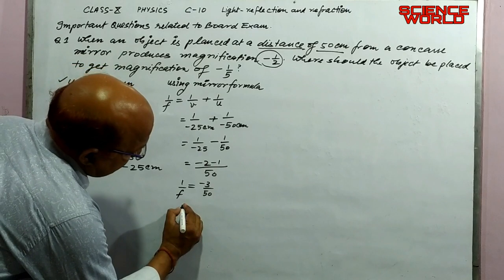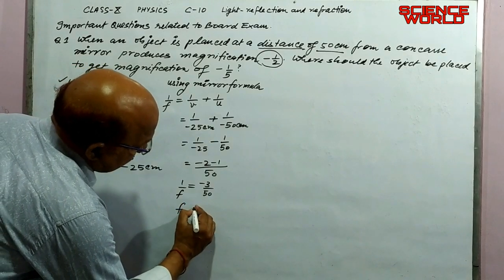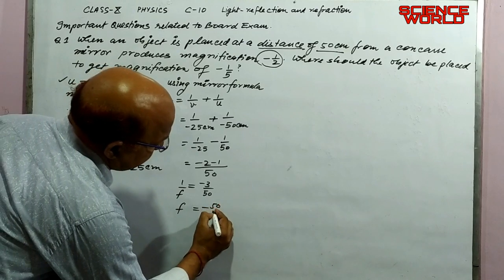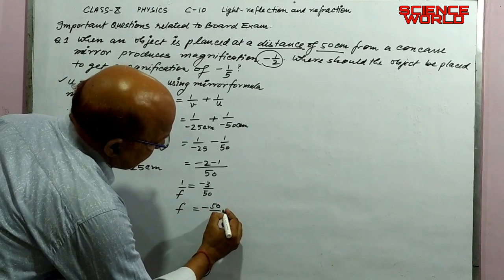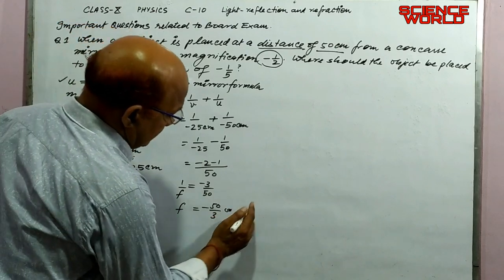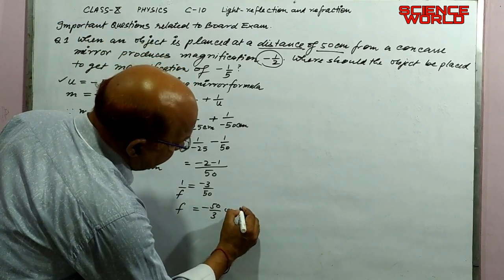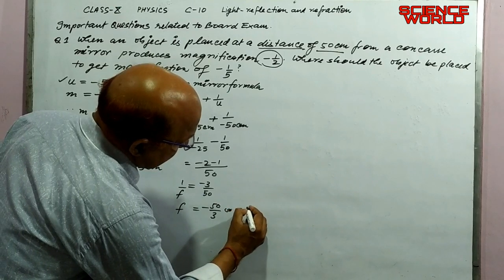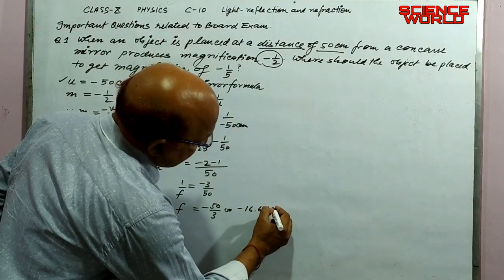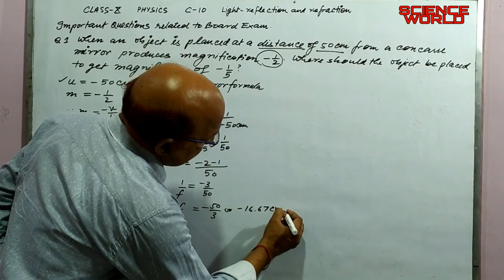Therefore, focal length f equal to minus 50 by 3 or minus 16.67 centimeter approximately.